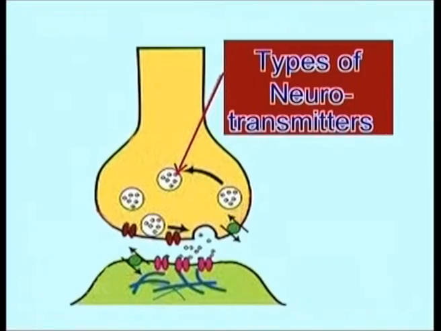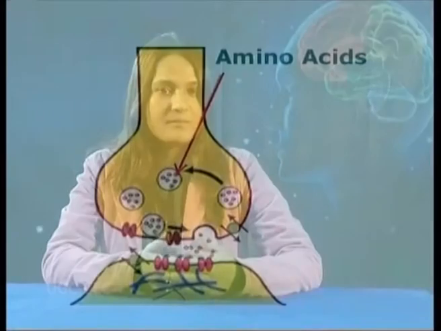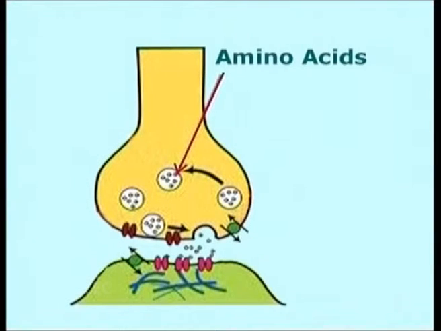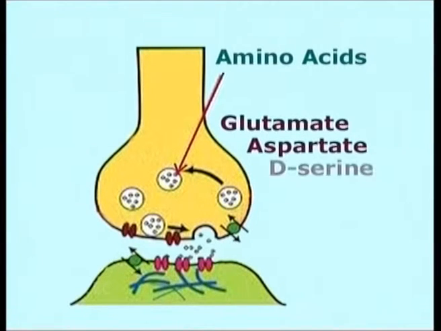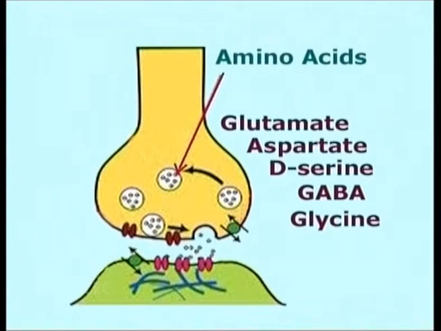Types of neurotransmitters. There are many different ways to classify neurotransmitters. Based upon their nature, they can be divided into two major groups. One is amino acids, which include glutamate, aspartate, D-serine, gamma aminobutyric acid, abbreviated as GABA, and glycine.